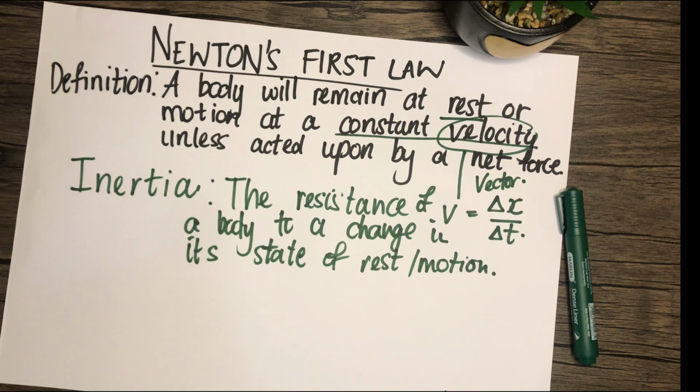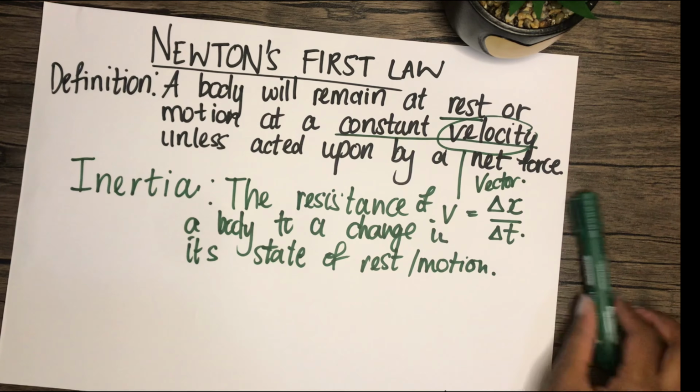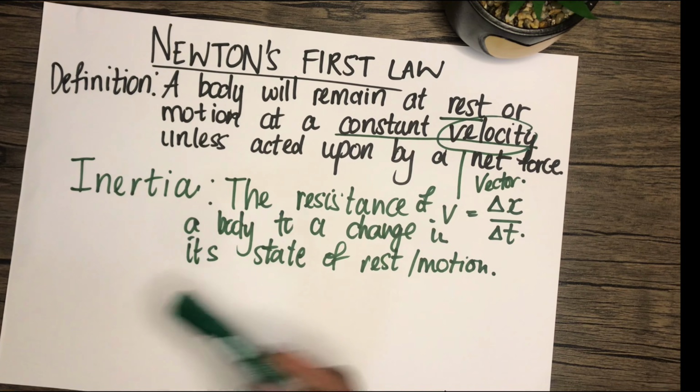Whenever such a situation happens, you do not move all the way and crash into the windscreen, but your change in motion, or your change in velocity, is reduced by the seat belt. So the seat belt is there to protect you from the inertia that you have.